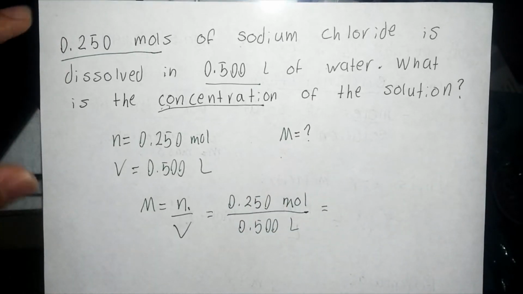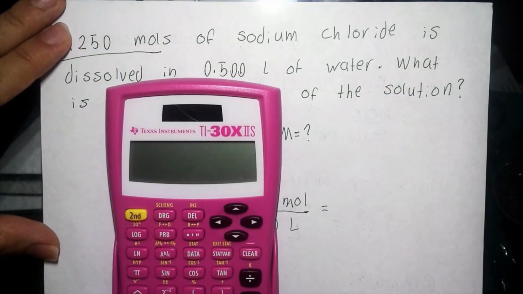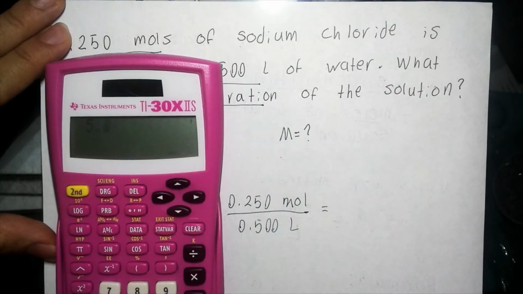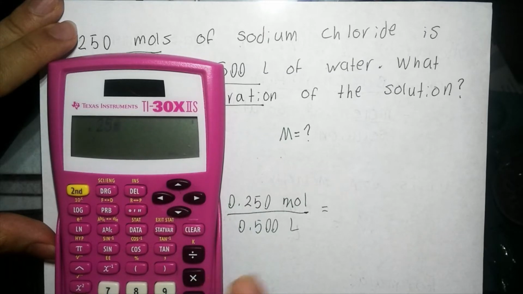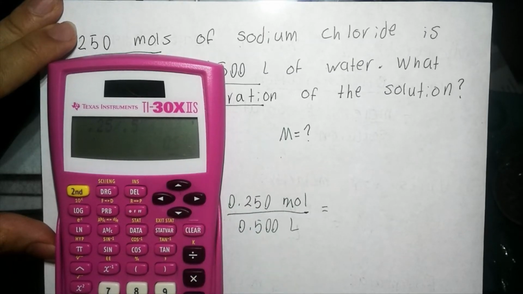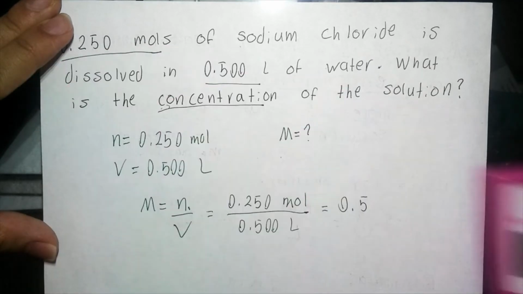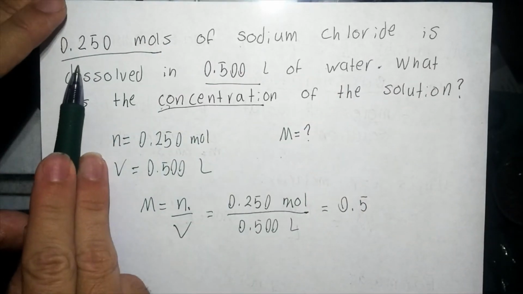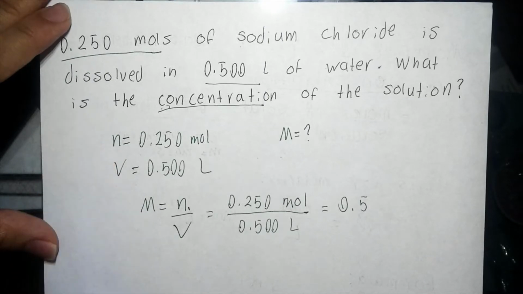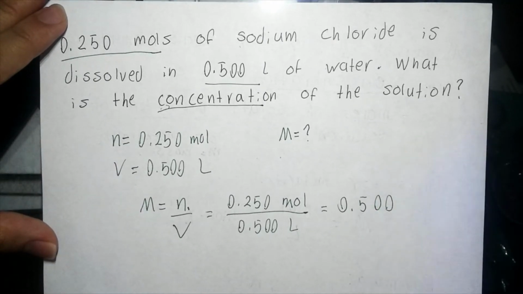And from here, you would just calculate that using your calculator. So it would be 0.25 divided by 0.5. And you'll get 0.5 as your final answer. And remember that both of our numbers that are given to us are in 3 sig figs, so it should be 0.500.